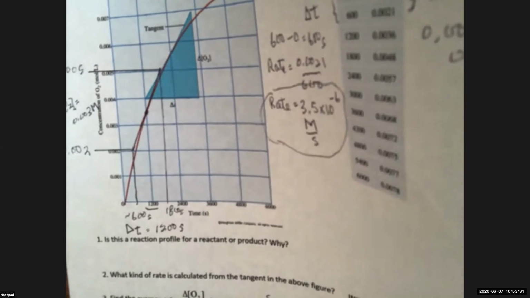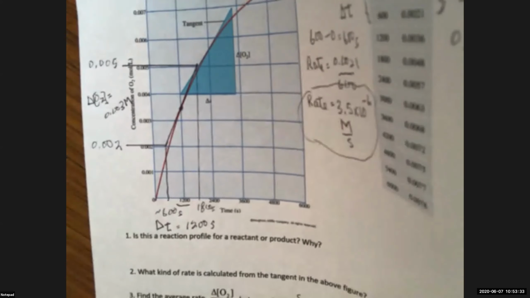The difference is 1200 seconds between these marks, so that's probably about 1800 seconds. So my delta T is 1800 minus 600, which is 1200 seconds. So I have my delta T and my delta O2 here, so I can calculate my rate.